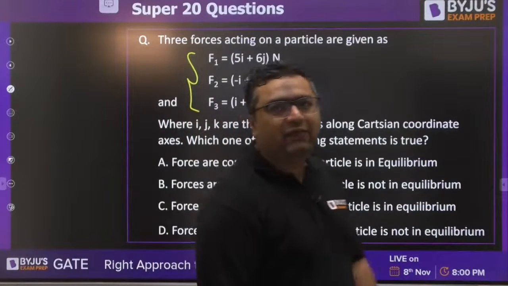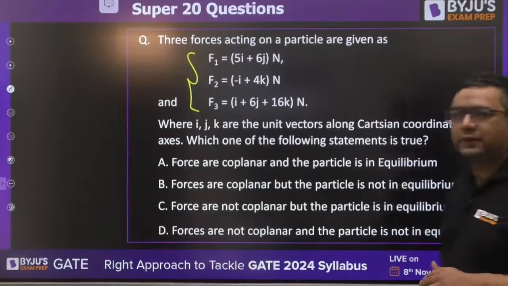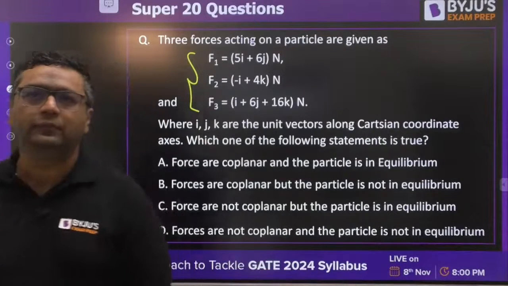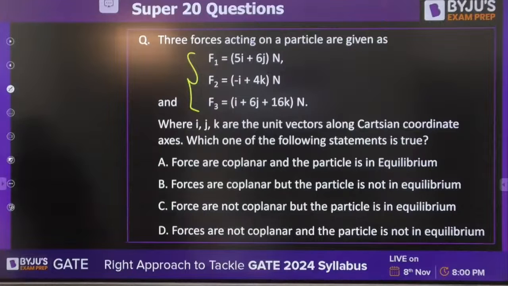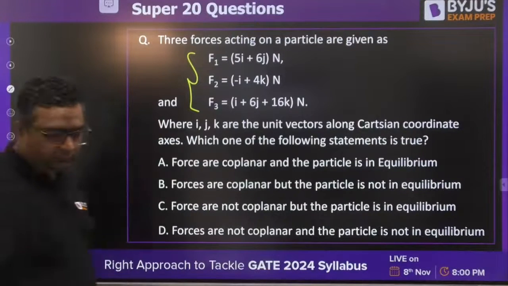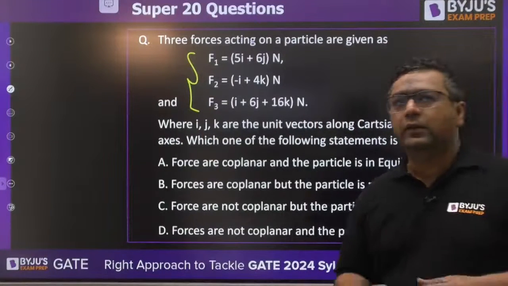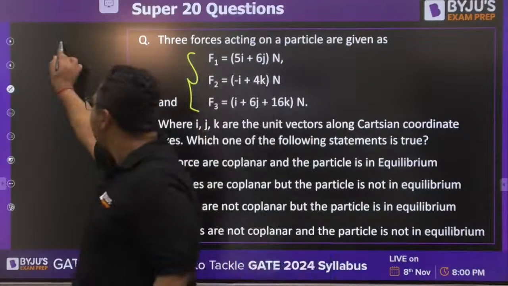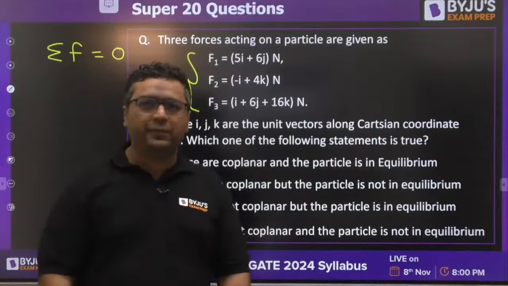So you need to see whether the forces are coplanar and the body is in equilibrium or not. Solve it. So I will give you a hint. If the summation of all the forces is 0, the body will be in equilibrium.